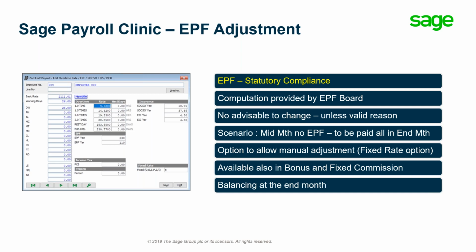The good thing is the system will balance at the end of the month. But after balancing, when you run and then decide that you also want to change the end of the month, you can still do so. But again, be careful when you make the changes. Make sure there's a valid reason. You don't want to get a penalty for wrong submissions.